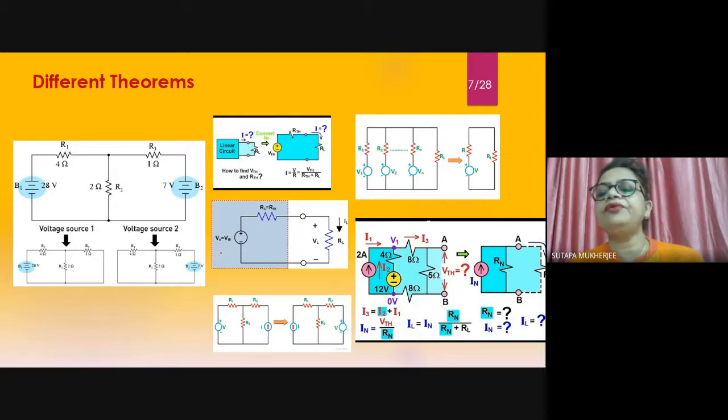After that, you add the contributions to get the current through a particular branch. Similarly, multiplying the current by the resistance, you get the voltage drop across that resistance. Is it clear? The definition is clear, but you have to say linear bilateral network.